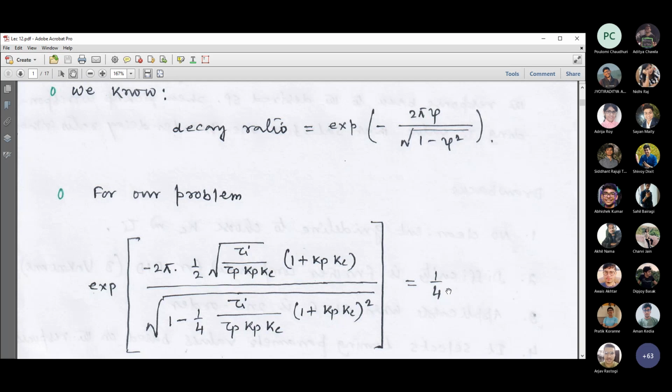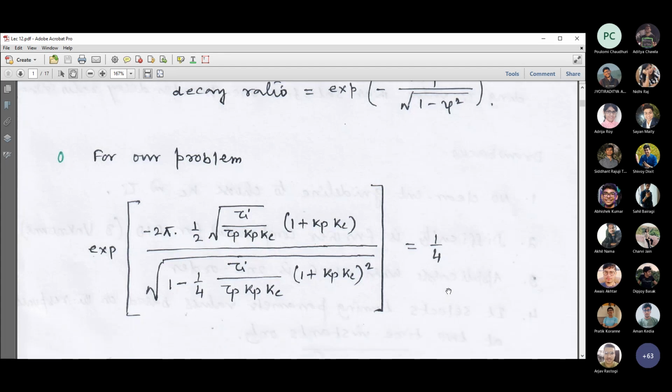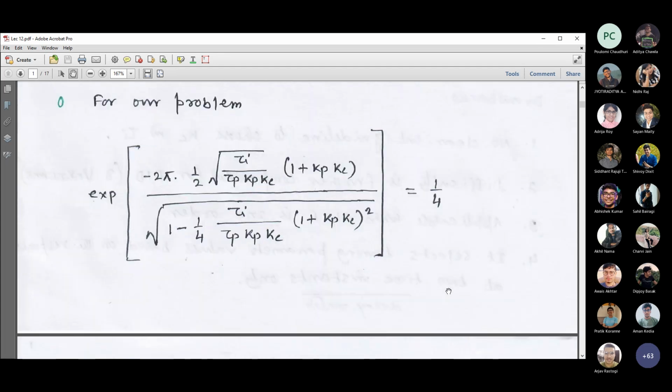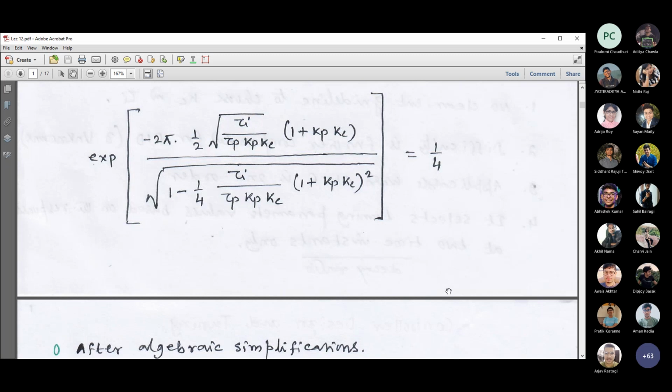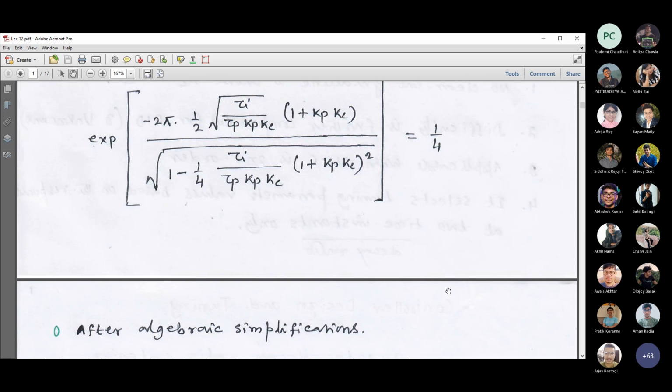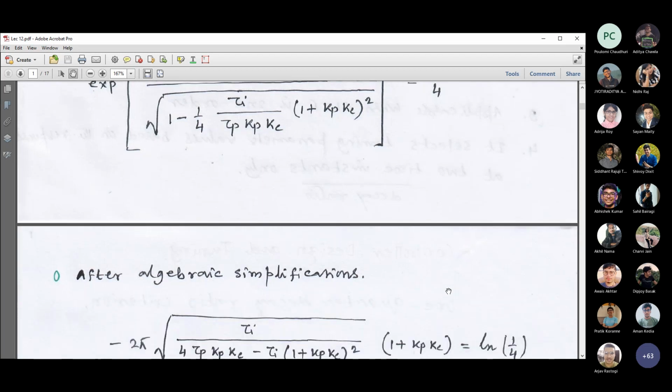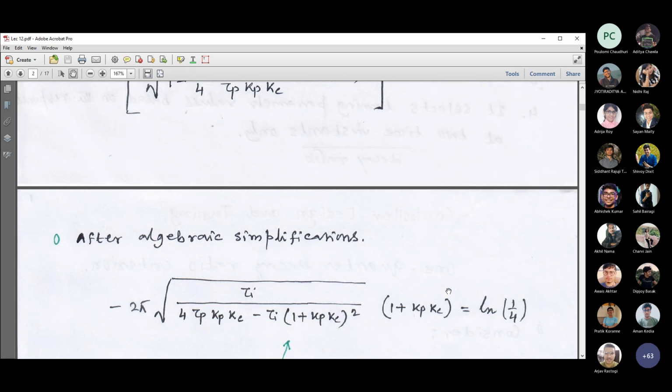Fine. Now let us simplify this equation, last equation. Then we get this form.